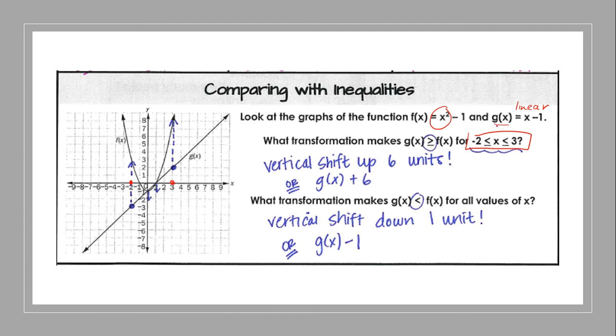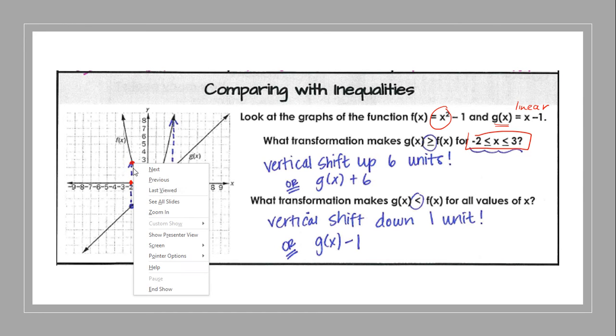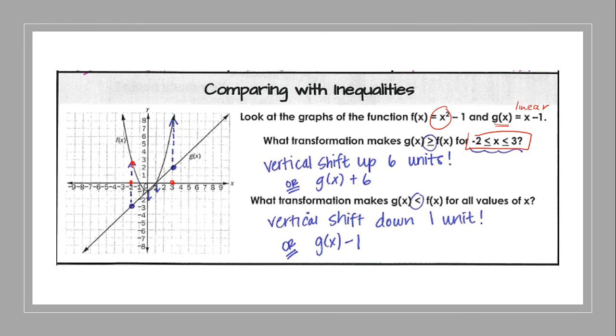So here's my linear function g of x. I want that to be greater than or equal to. So I want my functions to be greater than or equal to at these points. See here where x is at negative 2 on my line right now. I want to make it greater than or equal to, so I want it to intersect my quadratic function right here.